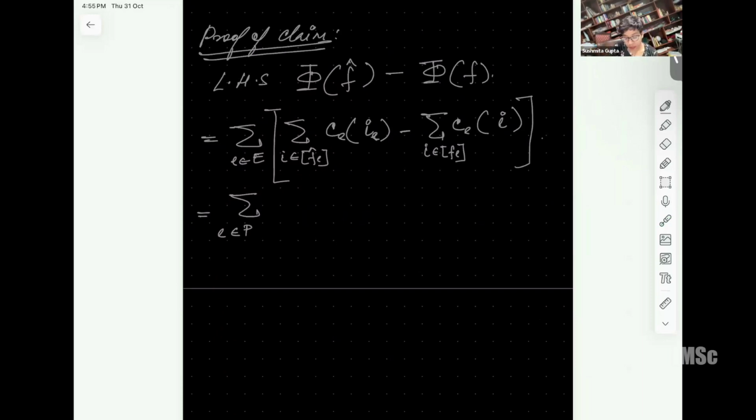The only terms that will survive are the terms for the edges that are in the symmetric difference of pi and pi hat. The edges that are unaffected due to the deviation are exactly the same.